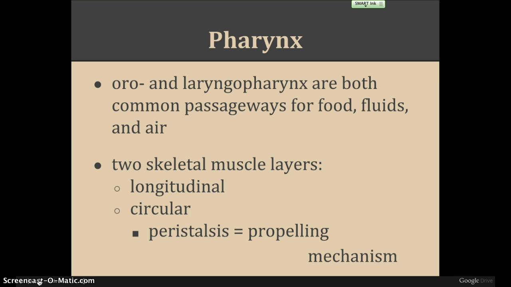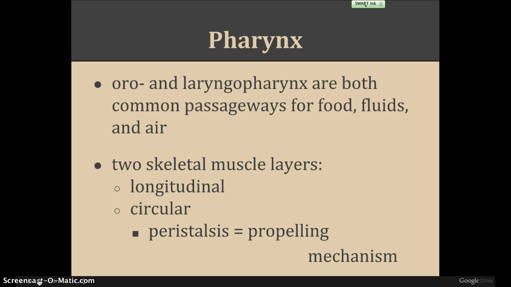Now the food passes on through the pharynx. You can see the common passageways, which we've talked about when we were talking about the respiratory system. The muscle layers. This is what actually propels food through not only the pharynx, but also through the esophagus, because you've got alternating layers of muscle.